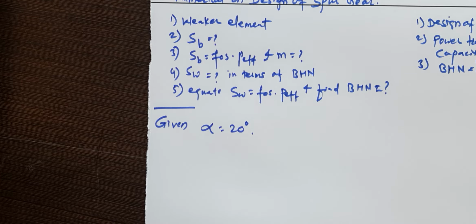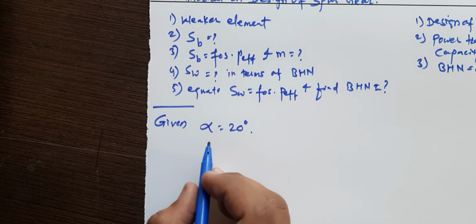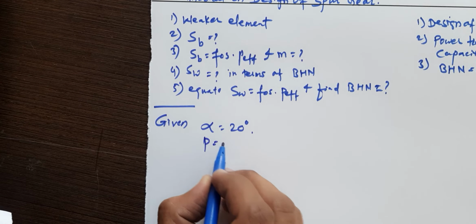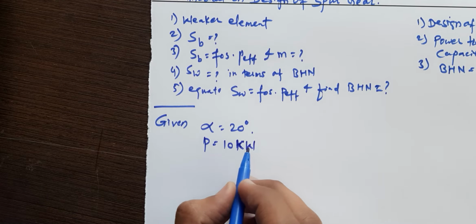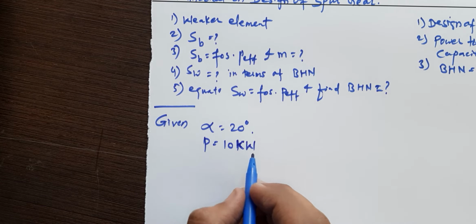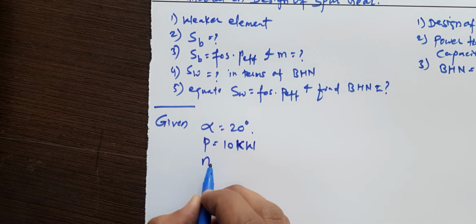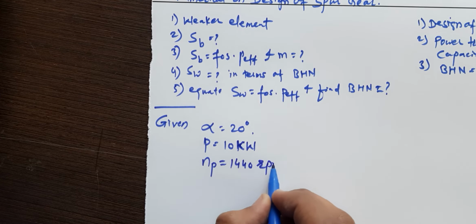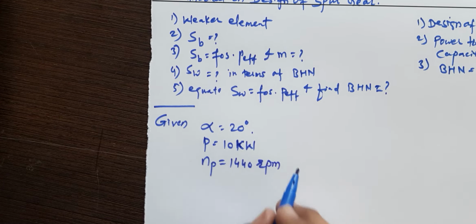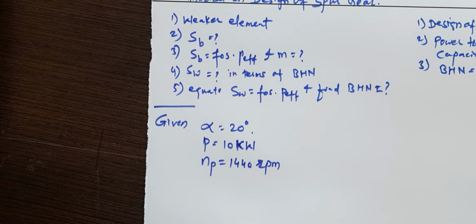The pinion shaft is connected to a 10 kilowatt, so here power is given as 10 kilowatt, 1440 rpm motor. So here NP is given as 1440 rpm. The starting torque of the motor is 150% of the rated torque.